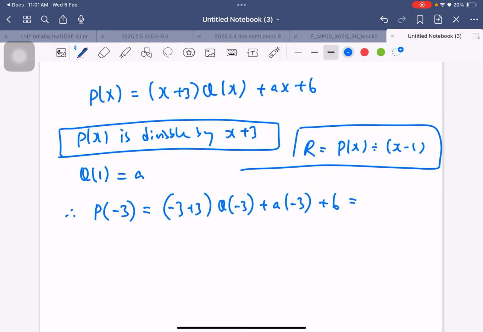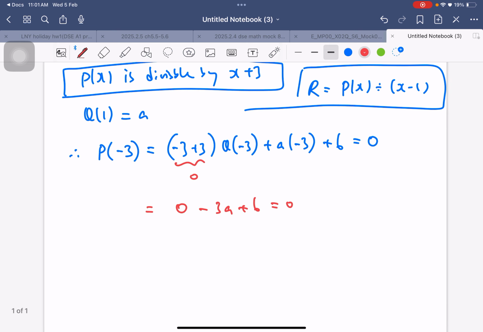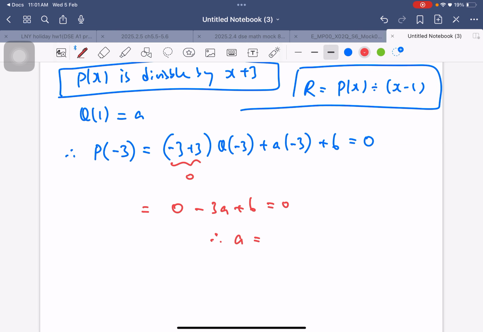The whole thing should be equal to 0. Then −3 + 3 gives you 0, and 0 times anything gives you 0 as well. So now it's 0 − 3a + 6 equal to 0, so that a is equal to 2. Is this okay?